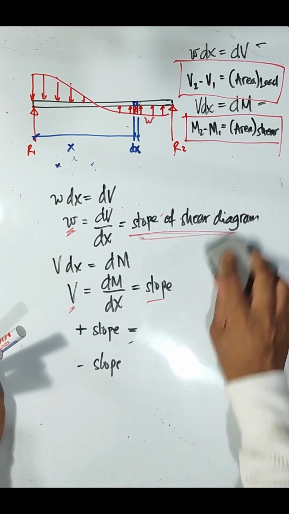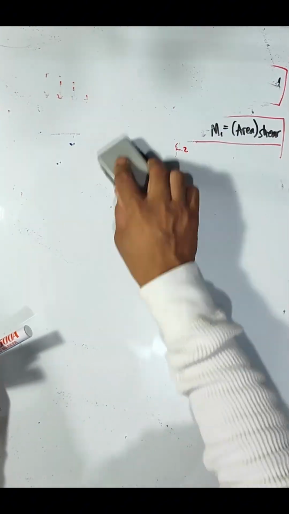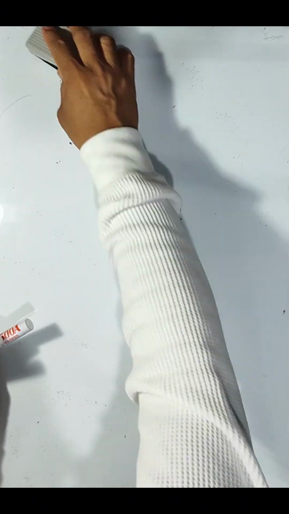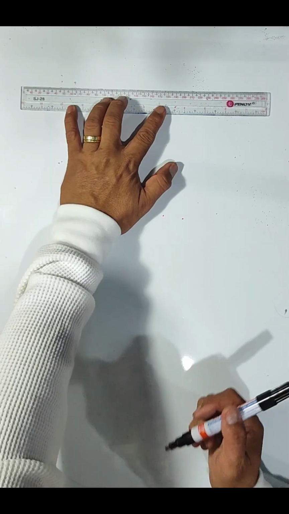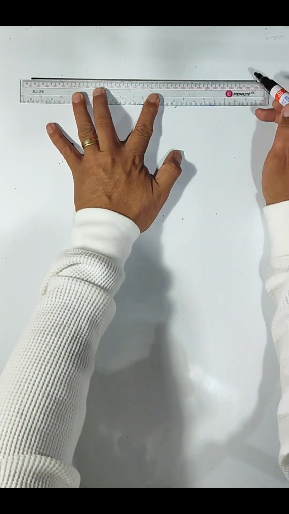Okay, so let us now solve again the same problem we have solved using the shear and moment equations. But this time, we will not use the equations. We'll use the relationship between the load, shear, and moment.